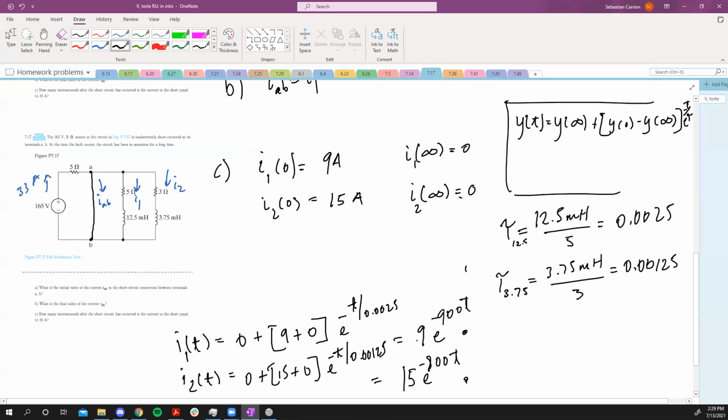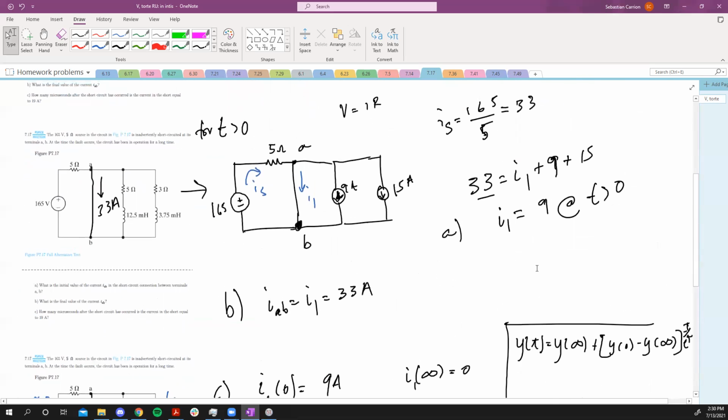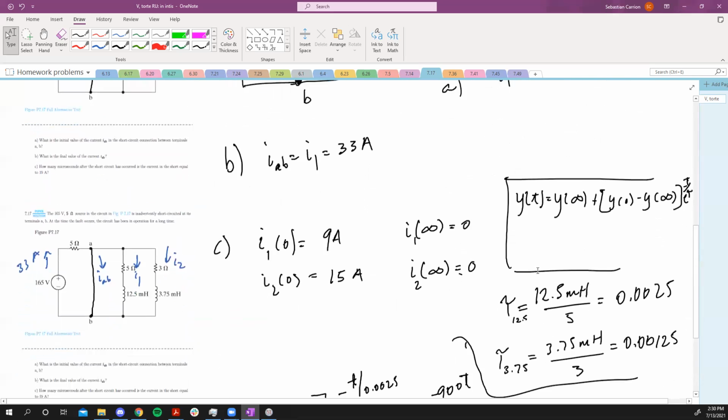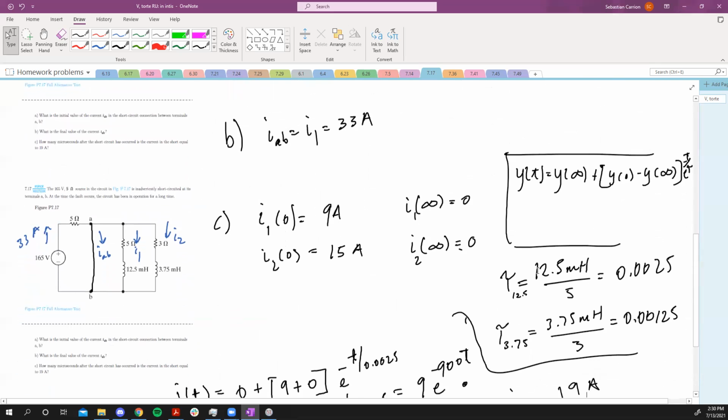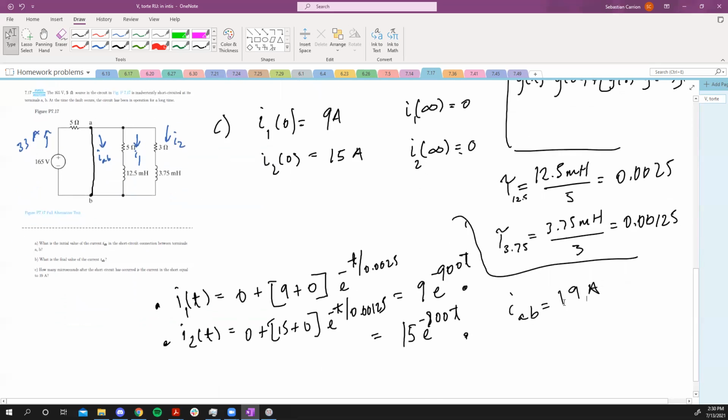Now, how many microseconds after the short circuit has occurred is the current in the short circuit equal to, it's given as 19 amps.